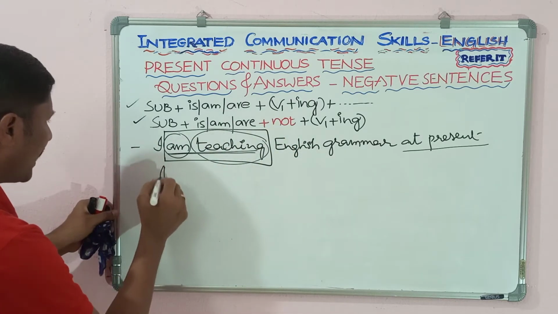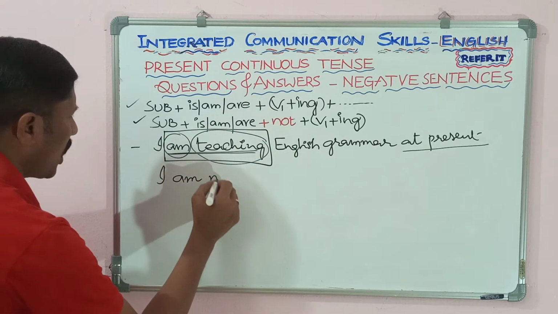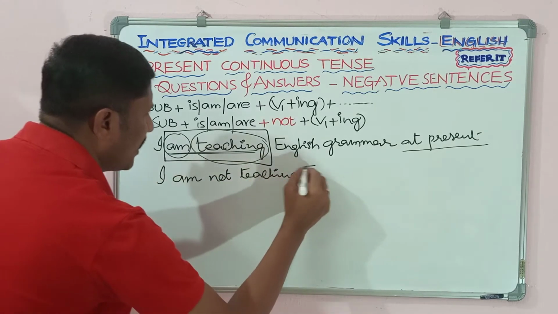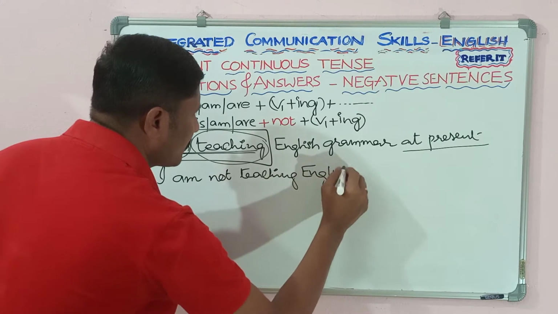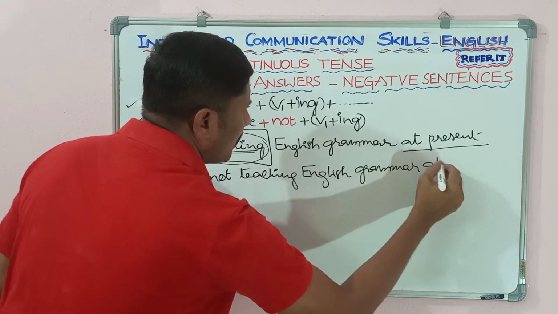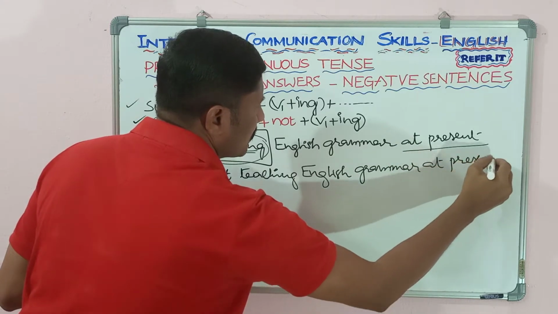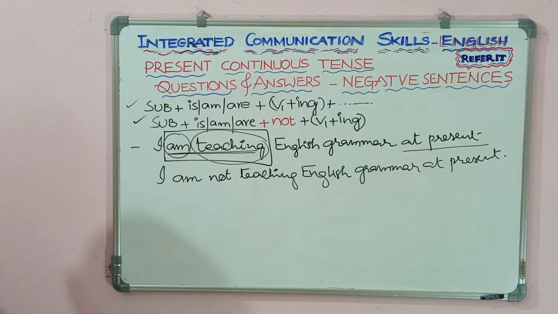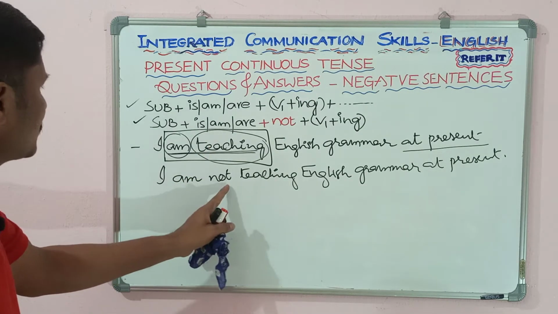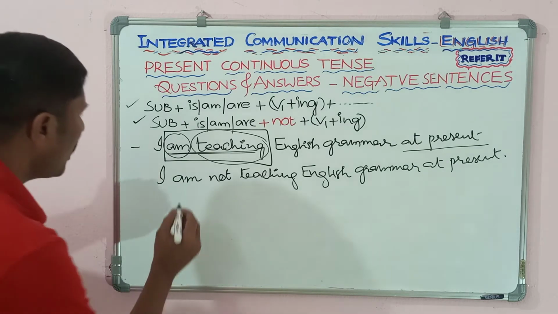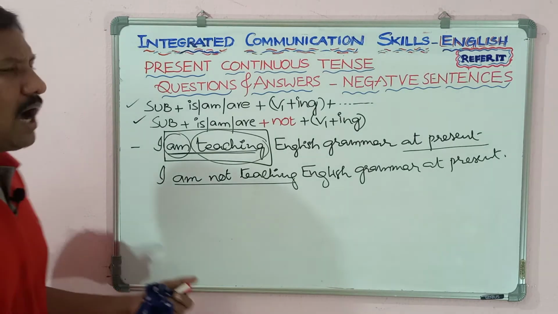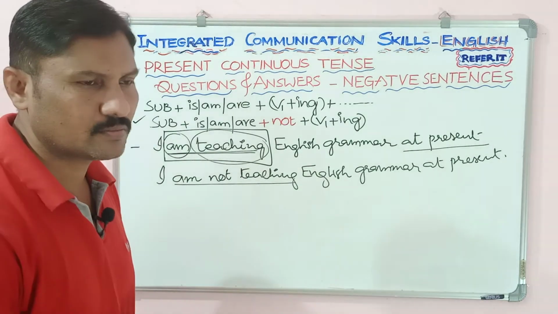Then it will become I am not teaching English grammar at present. This is the negative sentence for the above sentence. Correct. Now how can we frame a question from this sentence?